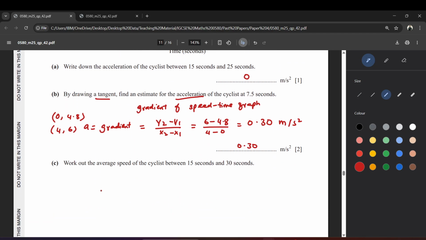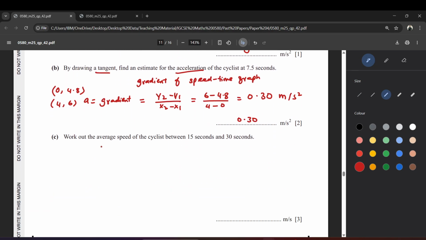All right, now part C is: work out the average speed of the cyclist between 15 seconds and 30 seconds. Now the formula of average speed is average speed equals total distance traveled over total time taken.